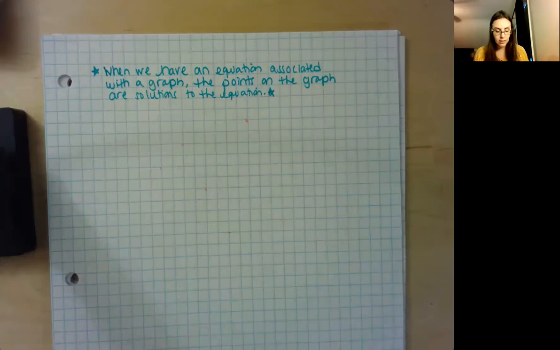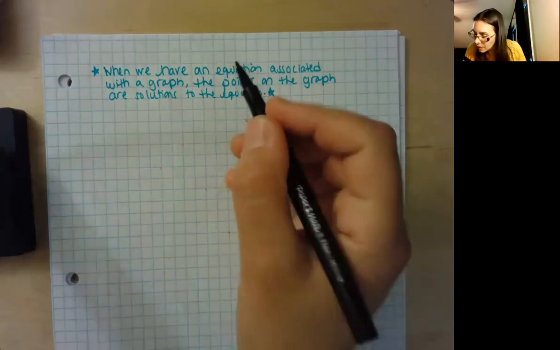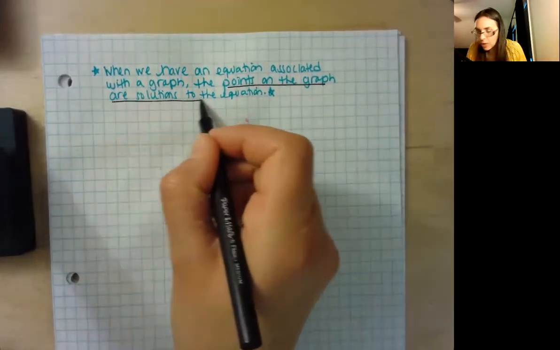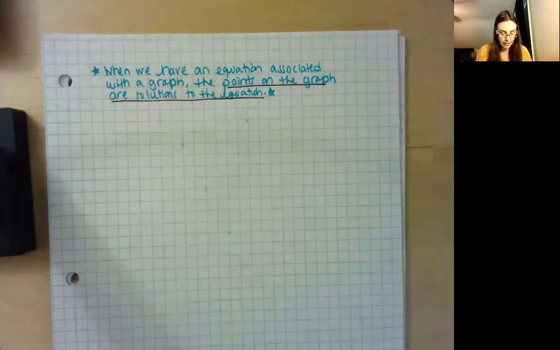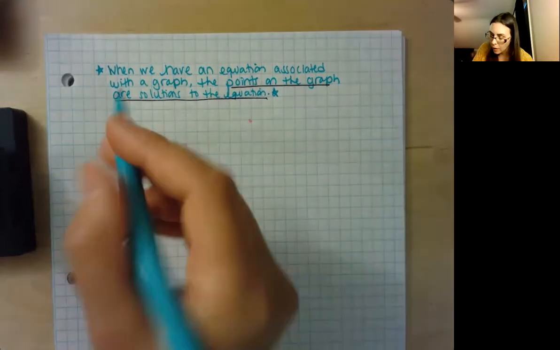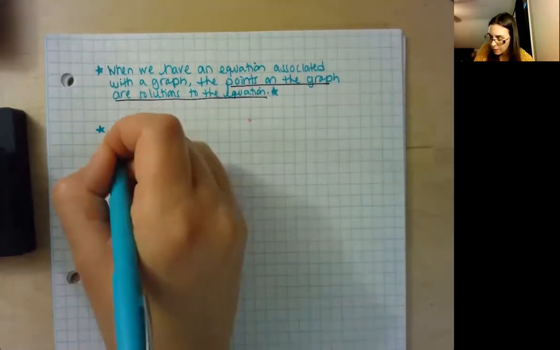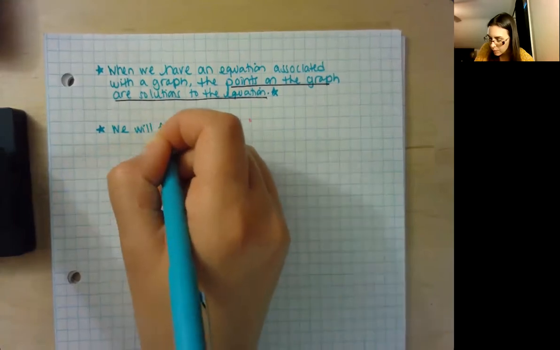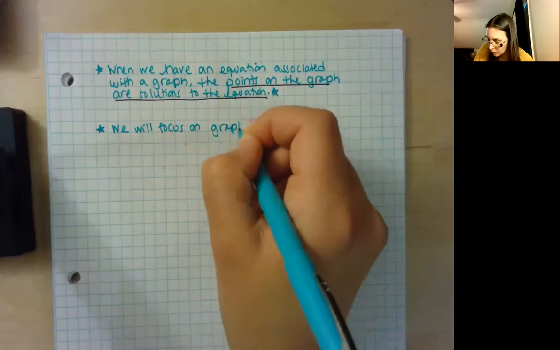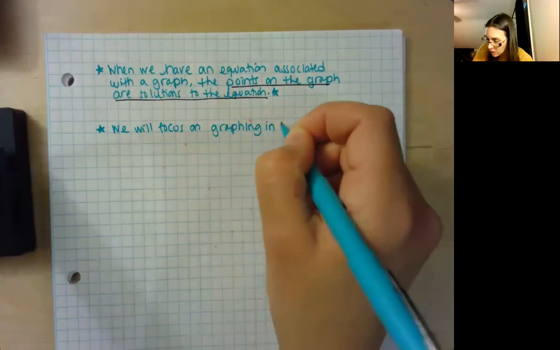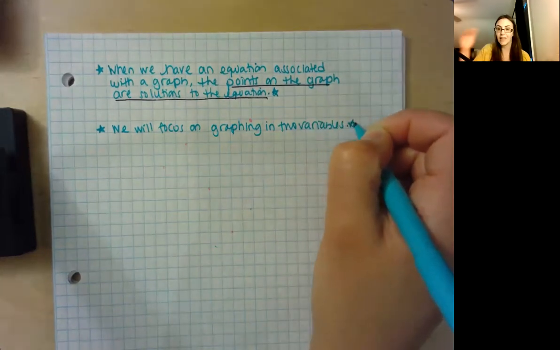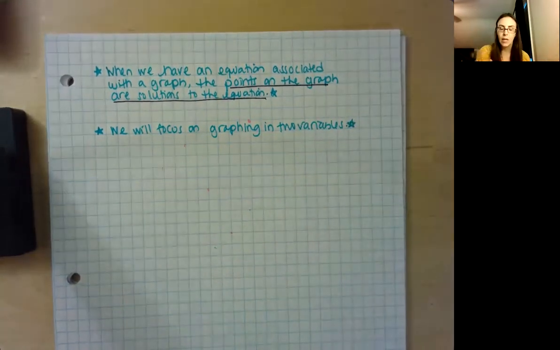So when that's the case, we notice that the points on the graph are solutions to the equation and vice versa. They work both ways. And the other thing you're going to notice here, we're going to be focusing on graphing in 2 variables, right? So now we have this whole idea of x and y because we have the x and y axes on our plane.